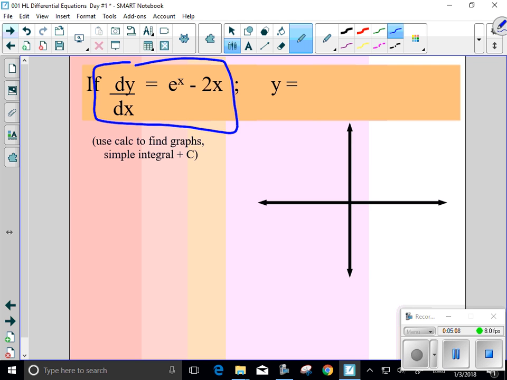Turn to your neighbor and tell them what the antiderivative of this is. What's the anti of e to the x? It's e to the x. So what's the anti of 2x? Yeah, it'll be 2x squared over 2, or just x squared. And then what other thing do we add? Oh, yeah, the plus c.